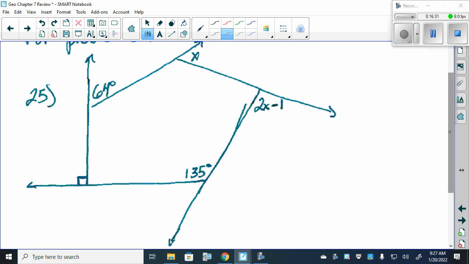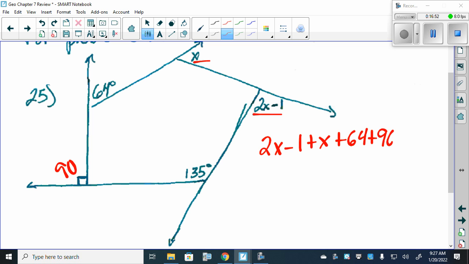Right, because 2x and x, these here are both located on the exterior. Now the sum of the exterior angles is 360. So if I take 2x minus 1 plus x plus 64 over here is 90 plus, yes.